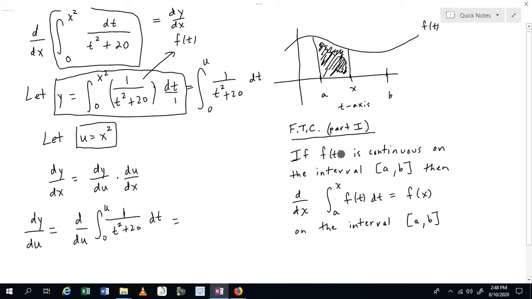And so you can see by the fundamental theorem of calculus, part 1, that this derivative is going to be f evaluated at u, where f of t is 1 over t squared plus 20.